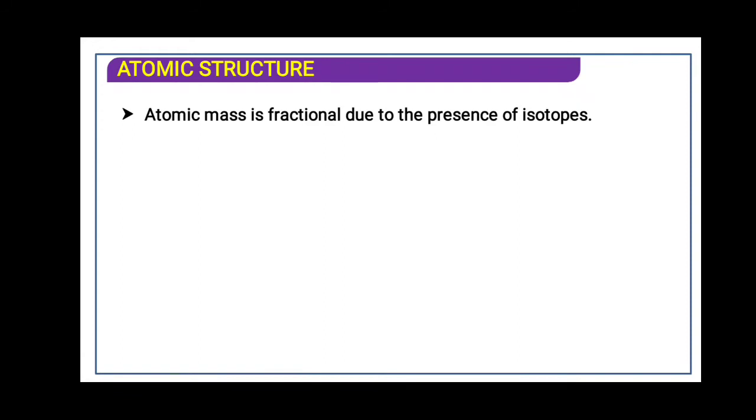You must have seen the mass of hydrogen as 1.008 something. The decimal appears because of a fractional value, due to the presence of isotopes.